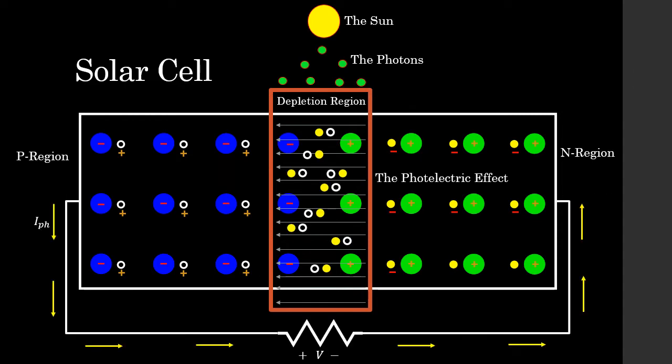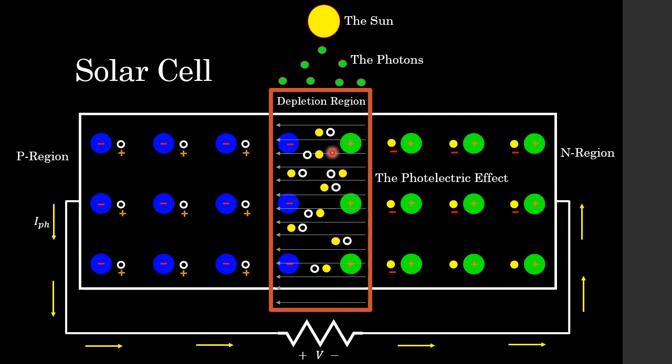Looking at the next slide, when the photons hit the depletion region, they create what is known as the photoelectric effect. The photons bombard the depletion region and hit the covalent bonds here, and they impart energy to the free charge carriers within the depletion region.